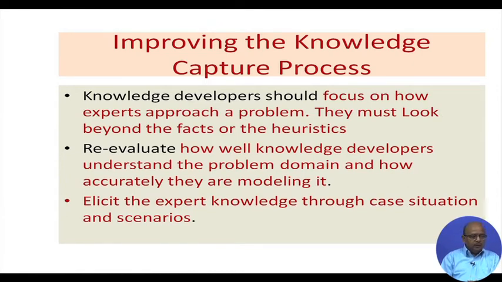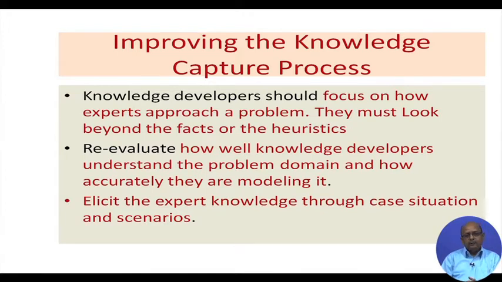Now, once you have been able to focus on that, the next stage is whether you really understand the problem domain and how it is going to be modeled. Okay. For example, if the process is clearly defined, the knowledge developer should be equally competent to understand the process being followed by the experts, otherwise he will not be able to codify it. Okay. And then he can use case situations or scenarios.